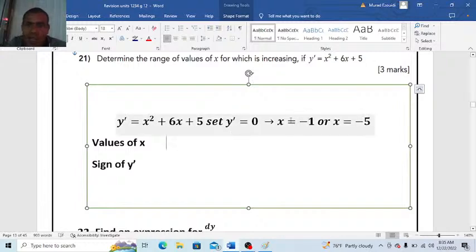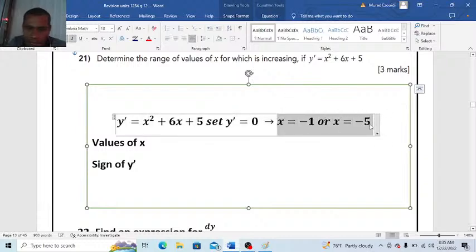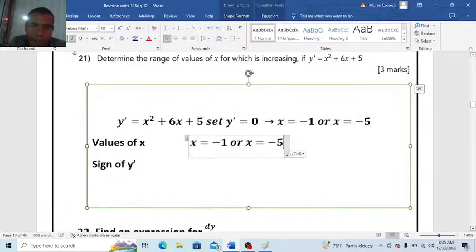First of all, the roots of my equation, x is minus 1 and x equal minus 5. So minus 5 will be here and minus 1 here.